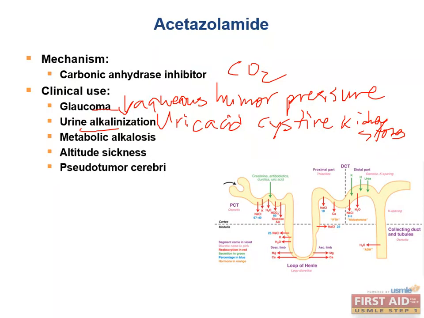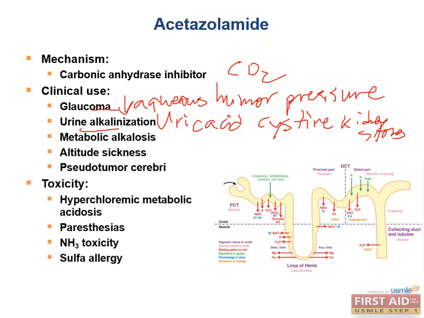The main toxicities for acetazolamide are hyperchloremic metabolic acidosis due to the loss of bicarbonate in the urine. It can also cause paresthesias, ammonia toxicity, and sulfa allergy because it's a sulfa drug.